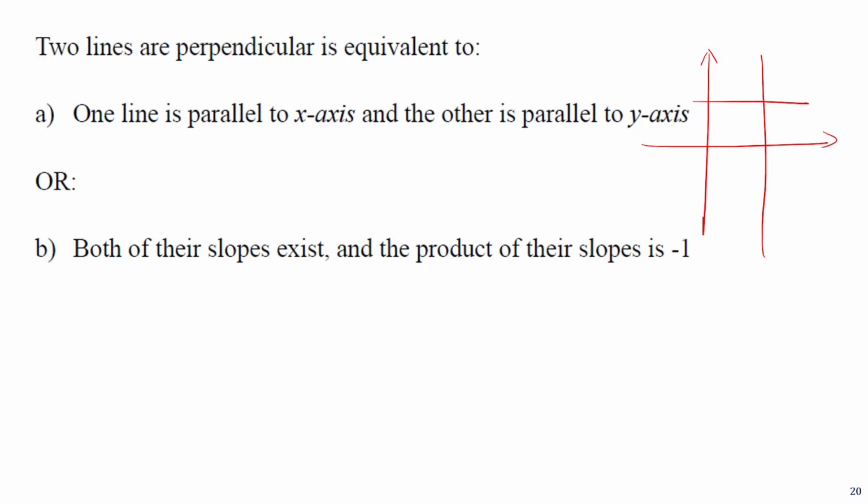Or if both of their slopes exist, we know the product of their slopes must equal -1, right? The proof of this involves the use of trigonometry. Again, when we learn trigonometry, we can prove this more easily.